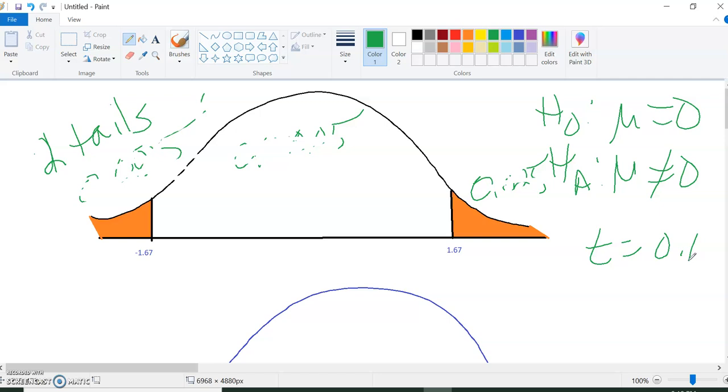Orange areas mean reject. Now, what does that mean? Well, if I reject, that means I can say that my null is not true. So in this case, I could say that the mean does not equal 0, or doesn't equal 15, or whatever I set it as. If I fail to reject, that means I can't prove that it's not equal to, but I also cannot prove the null.